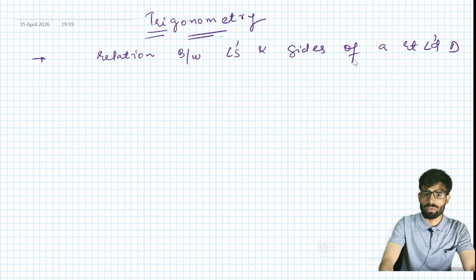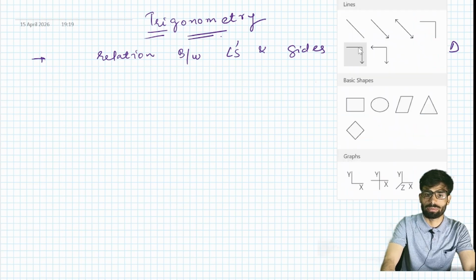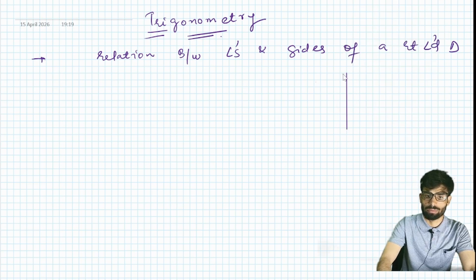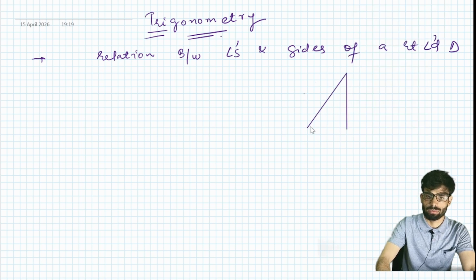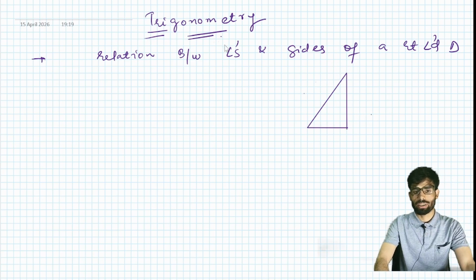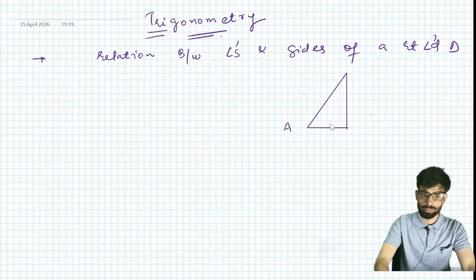First, we will understand, I will draw here a right angular triangle. This is a right angular triangle. I will name it ABC.